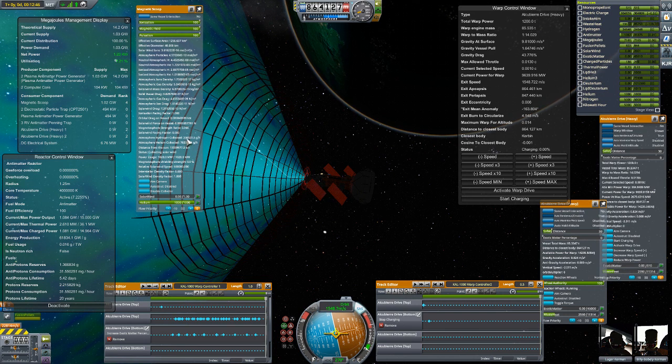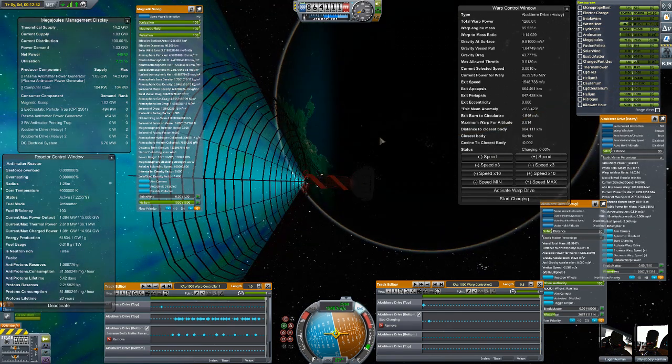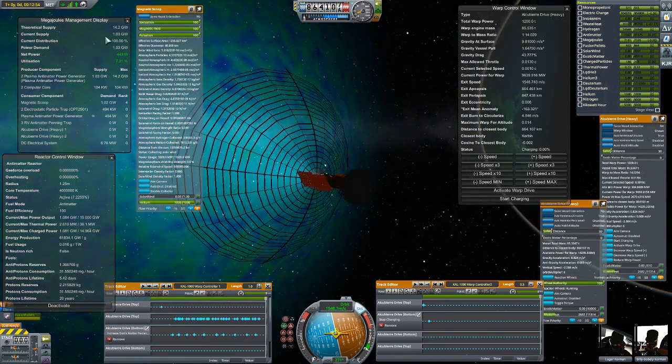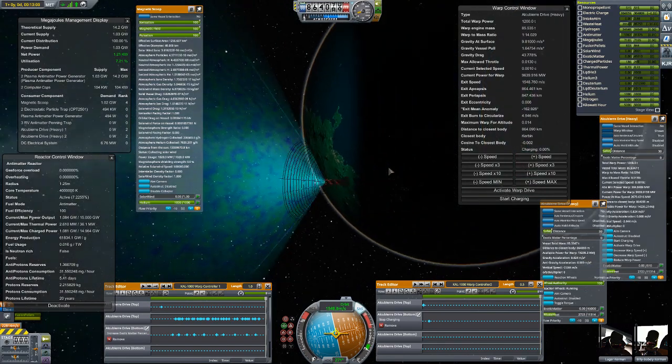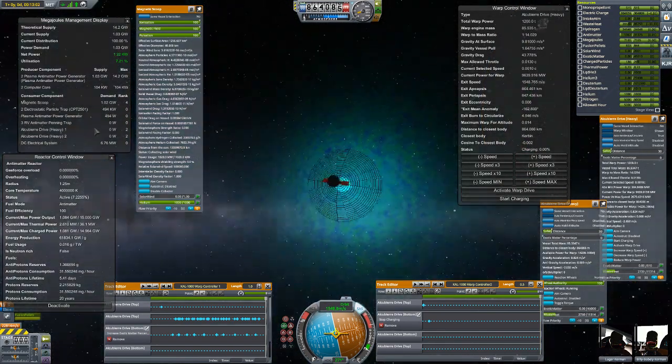That's 200,000 grams per hour. So 200 kilograms of hydrogen per hour right outside Kerbal, with this bad boy sucking 1 gigawatt of power. 1 gigawatt of ionization energy, about 864,000 meters from the surface of Kerbal.